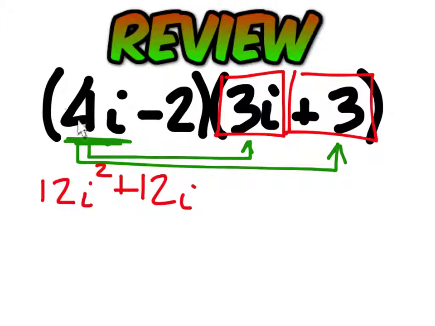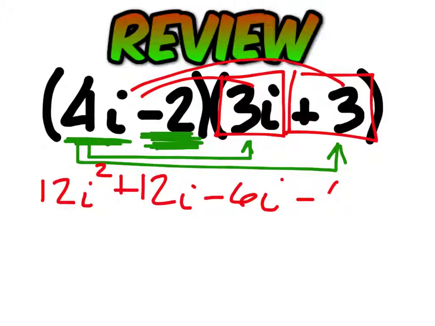That comes from 4i times 3i and 4i times 3. Now you have to move to this one, the negative 2, and multiply it by each one over there. When you do that, you come up with negative 6i minus 6. Are there any questions about how I came to that step?